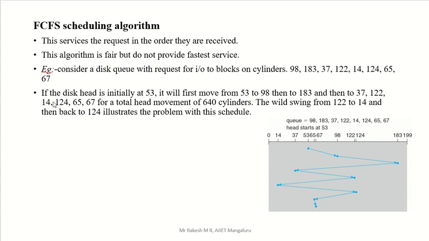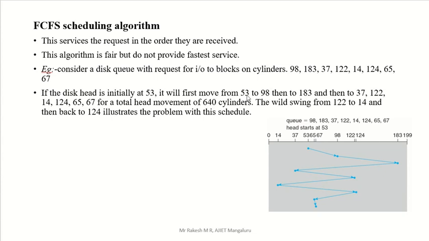Here one example is given. They gave some block numbers. If the disk head is initially at 53, consider that when you are starting, your position is block 53, not 0. You are in 53, so you have to start at 53.